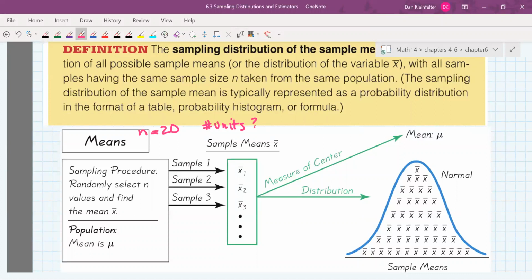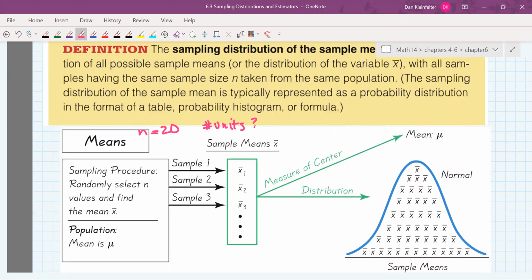So think about taking all the possible groups of size 20 students. I could select, for example, 20 of you. We could select a different 20 of you. We could select the 20 tallest people in the class, the 20 shortest people in the class. We could select one person from our class and then one person from 19 other classes. We could make a lot of 20-person groups.